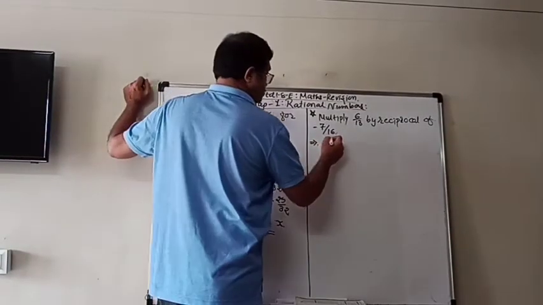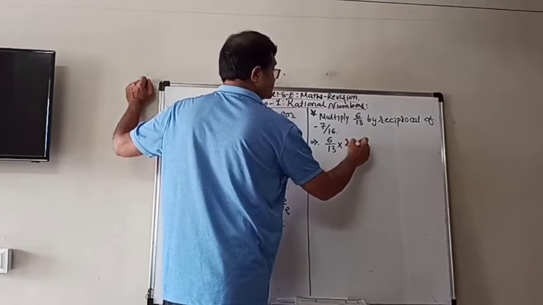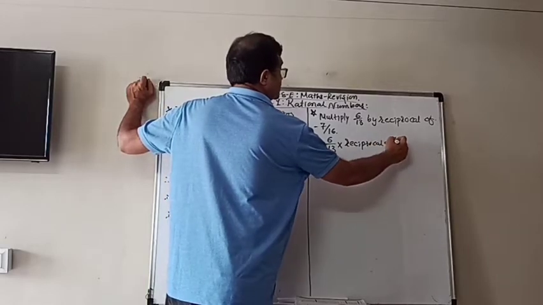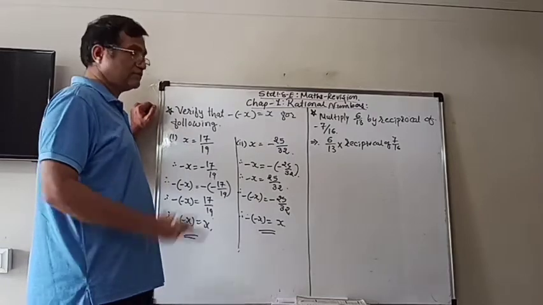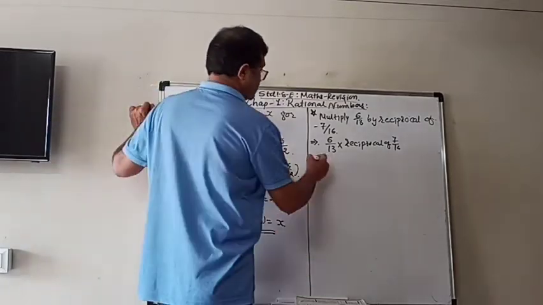So what do we have to do? 6 upon 13 multiplied by the reciprocal of minus 7 upon 16. What is the reciprocal of minus 7 upon 16? It is minus 16 upon 7.